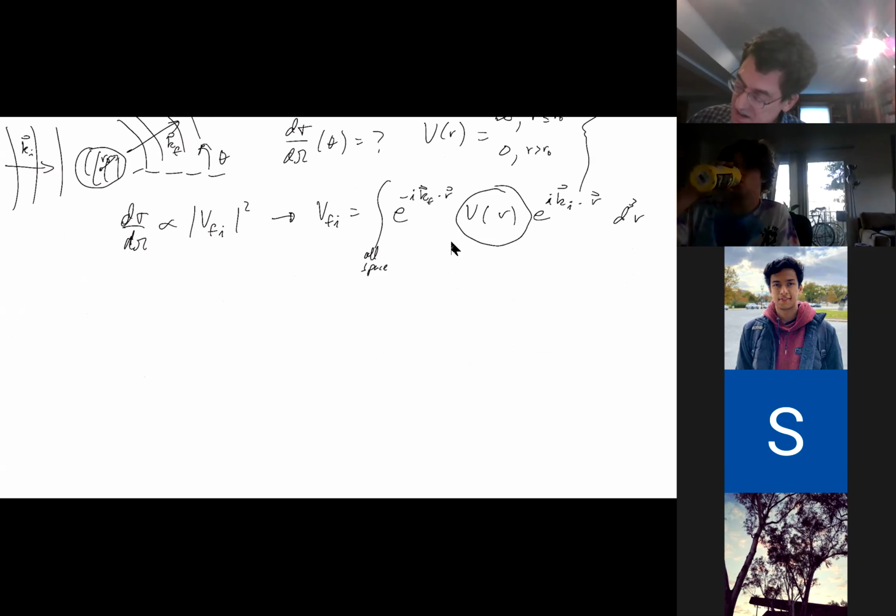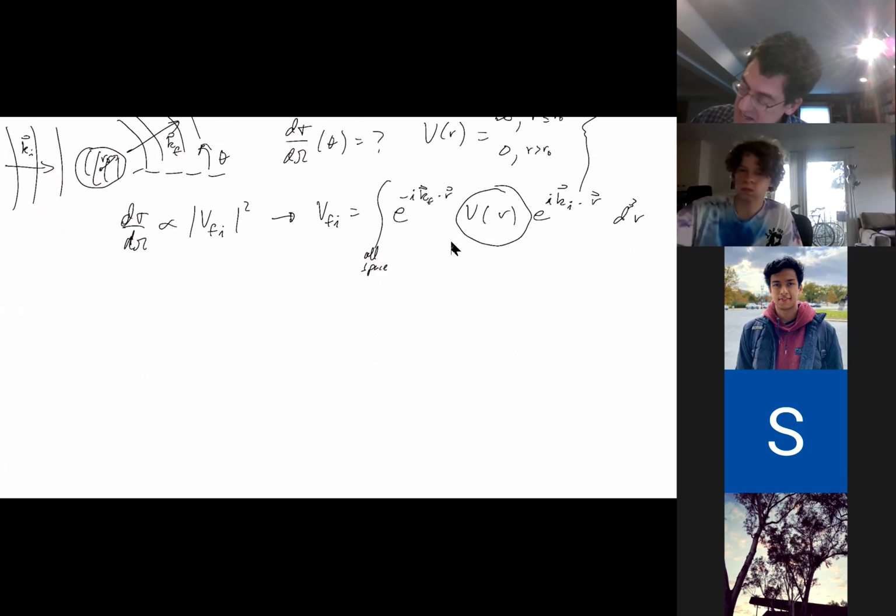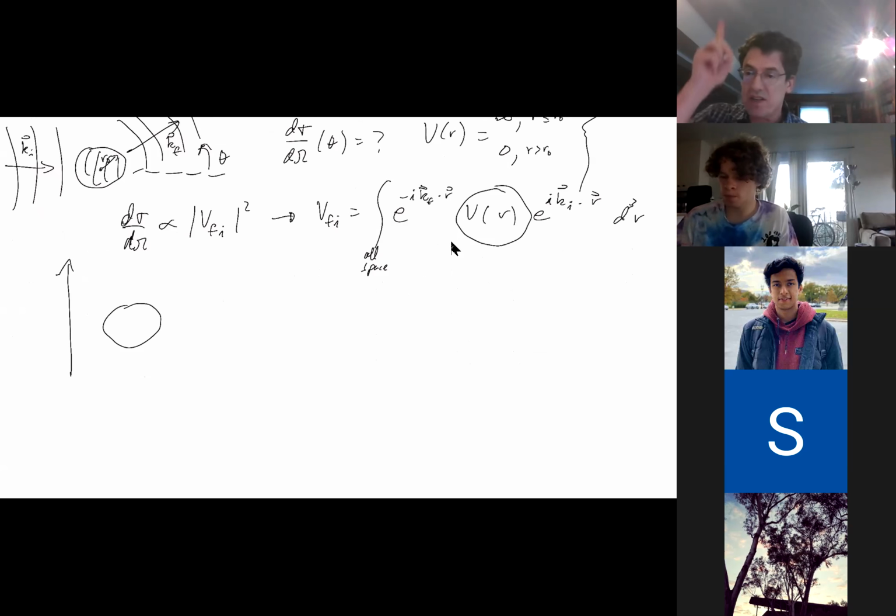Well, here's the thing. I've got this ball, and I've got this wave. If I did it just like the Yukawa, that direction is z, and that is the k final minus k initial direction. I picked that to be z, right?